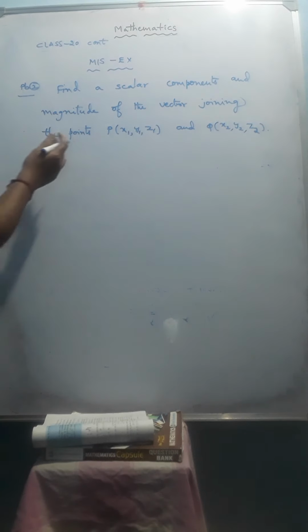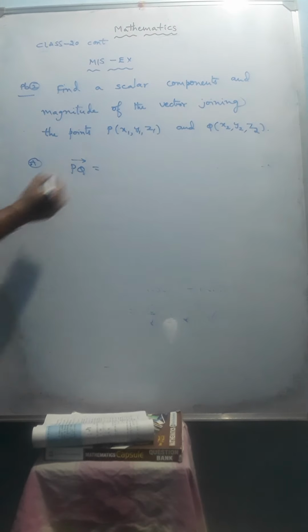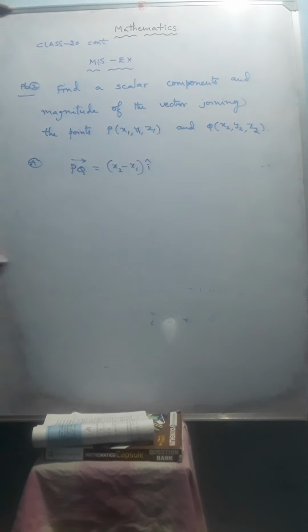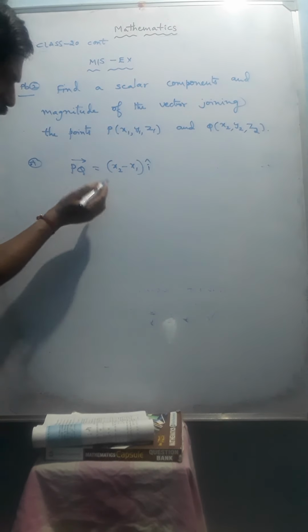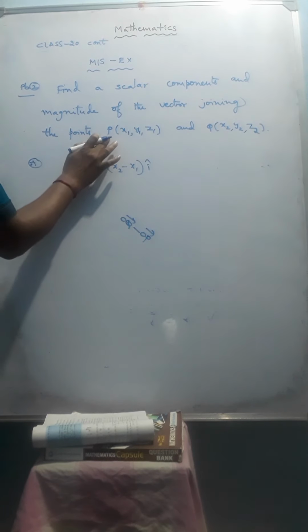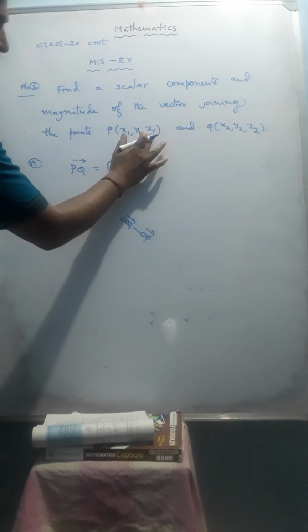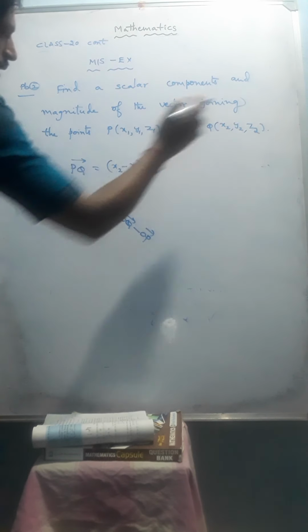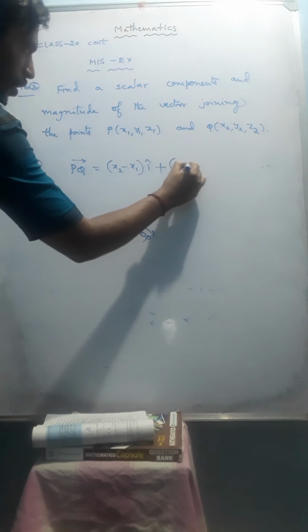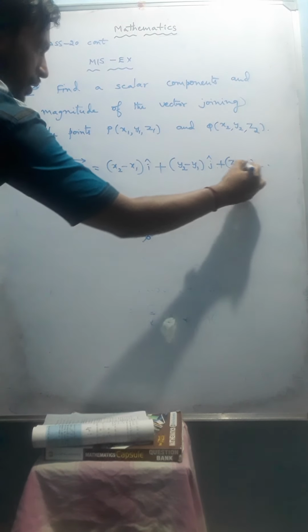So joining the points P and Q means PQ vector is equal to OQ minus OP. So this is the OP vector, this is the OQ vector if you convert into vector form. So x1 i plus y1 j plus z1 k, x2 i plus y2 j plus z2 k. So directly I can write PQ vector is x2 minus x1 into i cap plus y2 minus y1 into j cap plus z2 minus z1 into k cap.